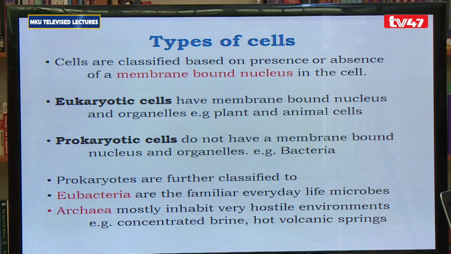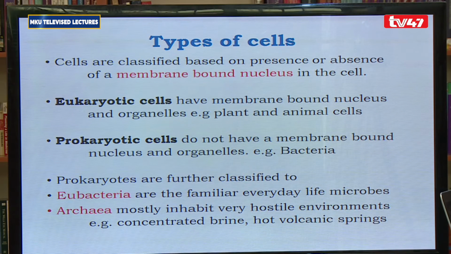Prokaryotic cells are further classified into two groups. We have eubacteria and archaea. Eubacteria are your everyday bacteria, the ones that spoil our food, cause diseases, and such kind of things. But archaea are prokaryotic cells that live in very harsh conditions.